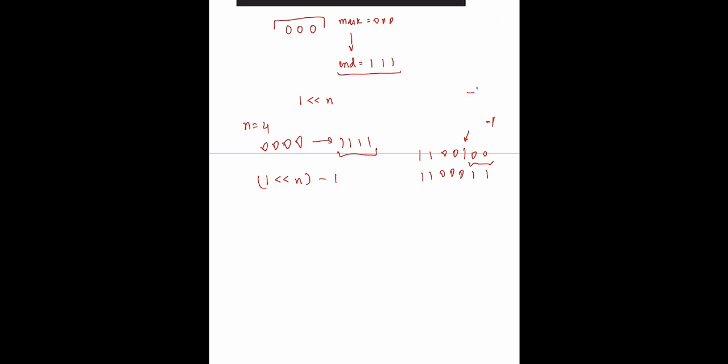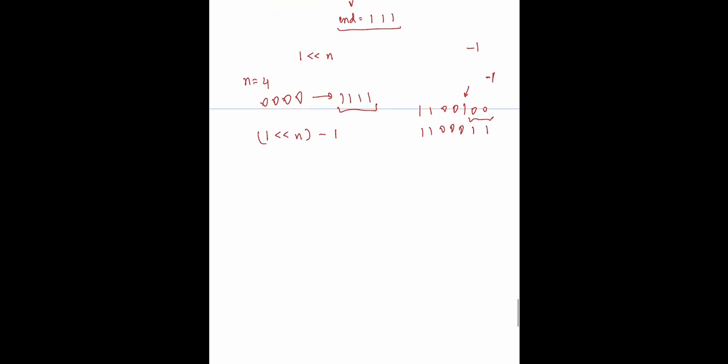So when I left shift 1 n times, suppose n was 4, you'll get something like this: at first you left shift 1 by 1 time, then second time, then third, then fourth. When you subtract 1 from it, it inverts the last set bit and changes everything else to 1. So this is the first operation.